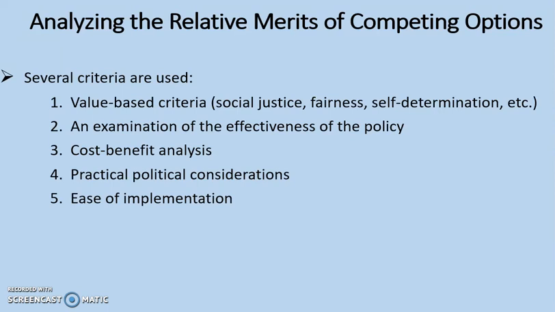Then I want you to examine how effective each of the policies would be. And again, all 3 of your alternatives may be equally effective, but because of resource considerations, you have to reject 2 of them in favor of a 3rd one.